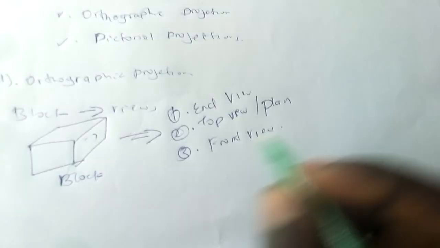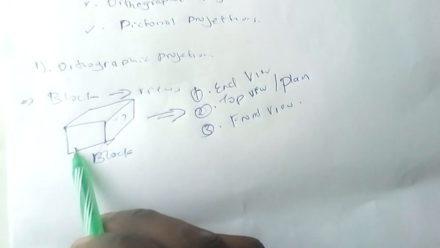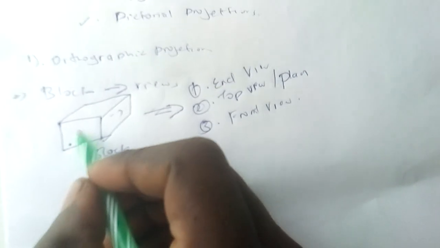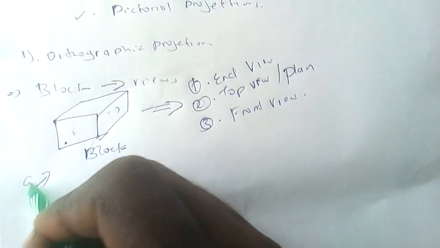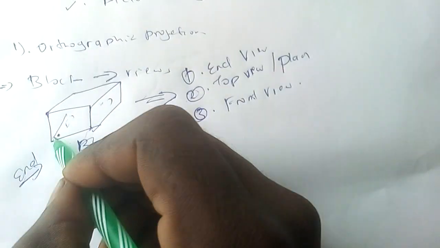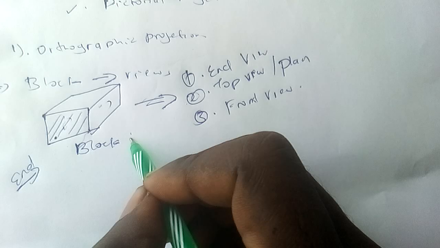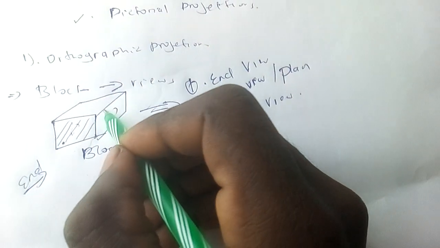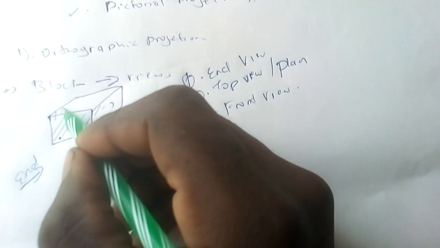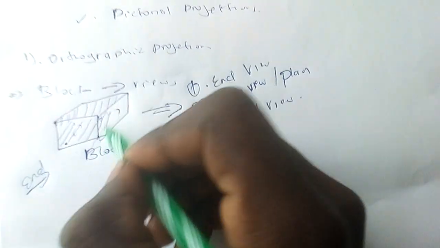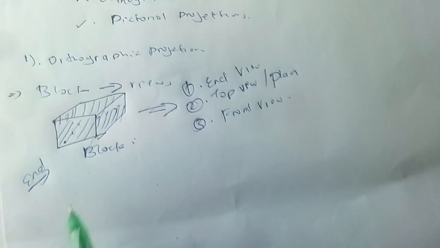So in this block, to come up with the views in orthographic projection, we have the end view, then you have the top view, then we have the front view.